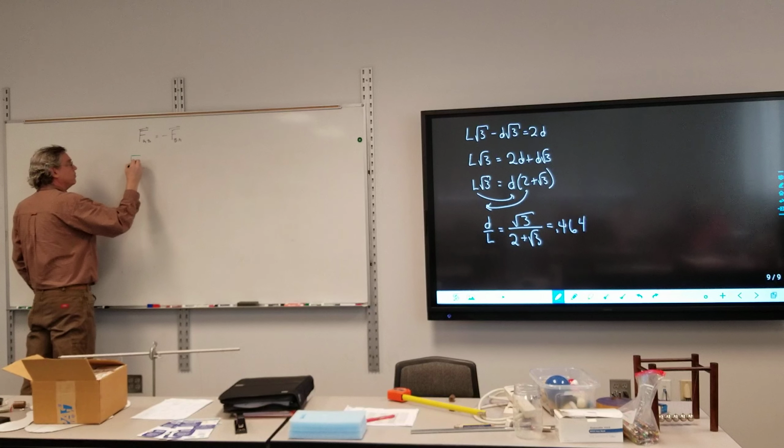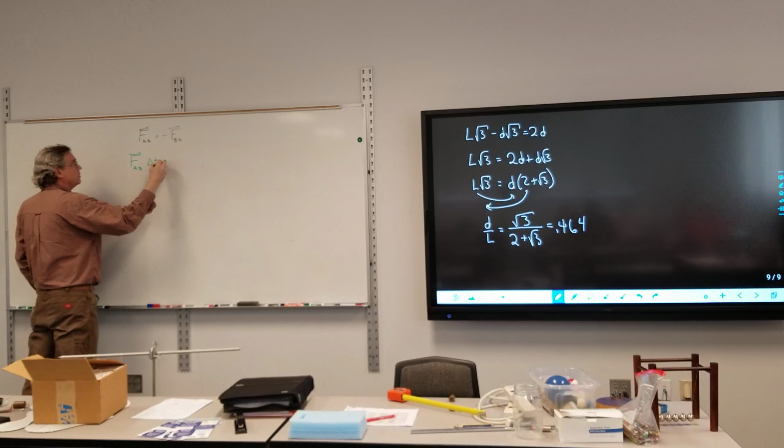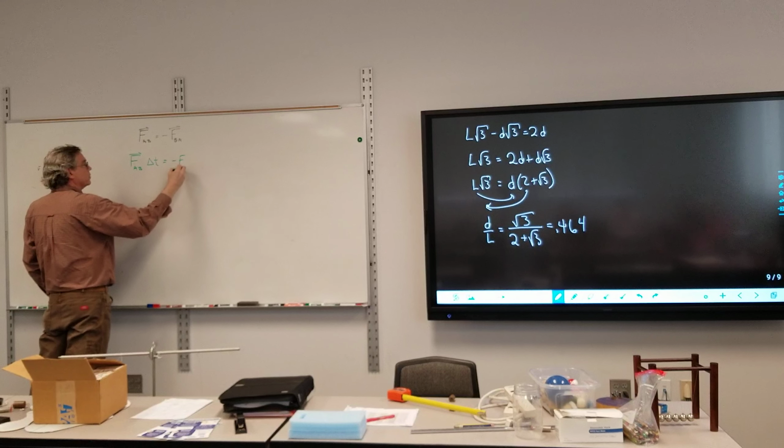And so we have force of A on B times however much time they're touching is equal to the negative of force on B from A times time.